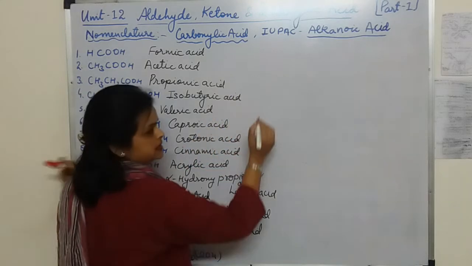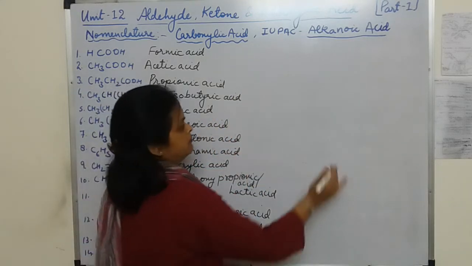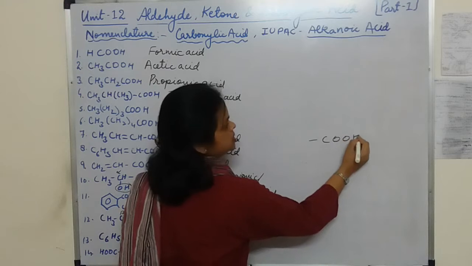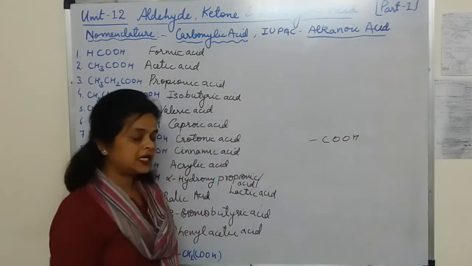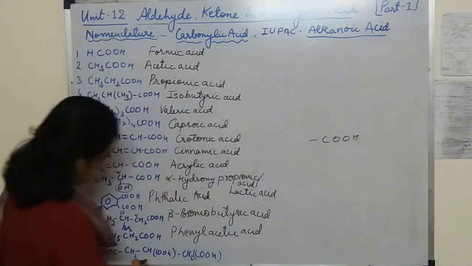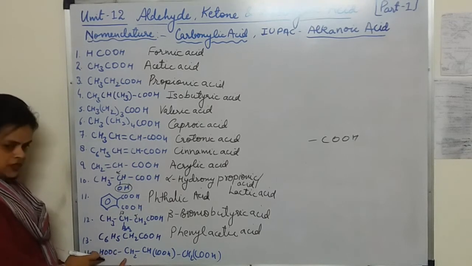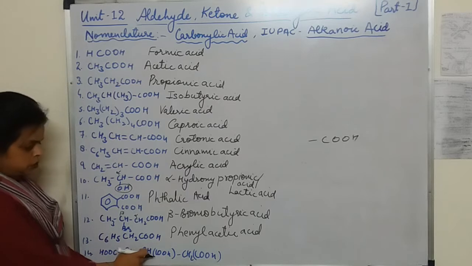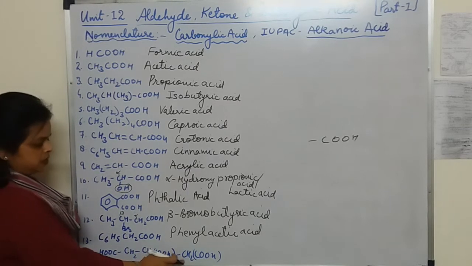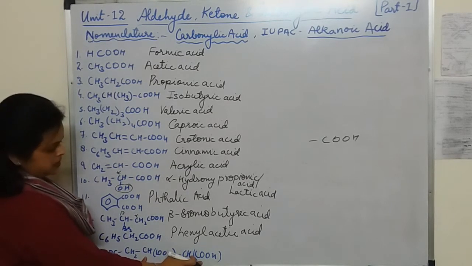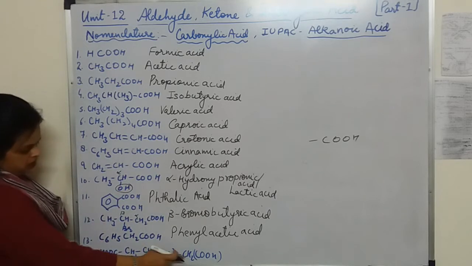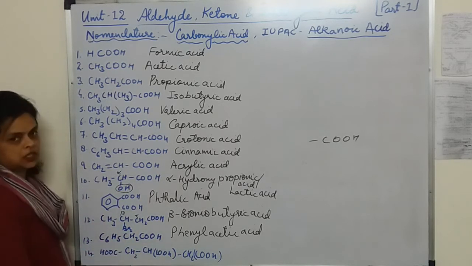And now see, this one is very important, students. Whenever we are having COOH, that is called carboxylic acid. Now we are having a chain here, CH2, to this carbon one COOH is attached. The second carbon has COOH attached, and then to this carbon COOH is attached. So we are having a chain where 3 carbons are there and 3 COOH are attached.